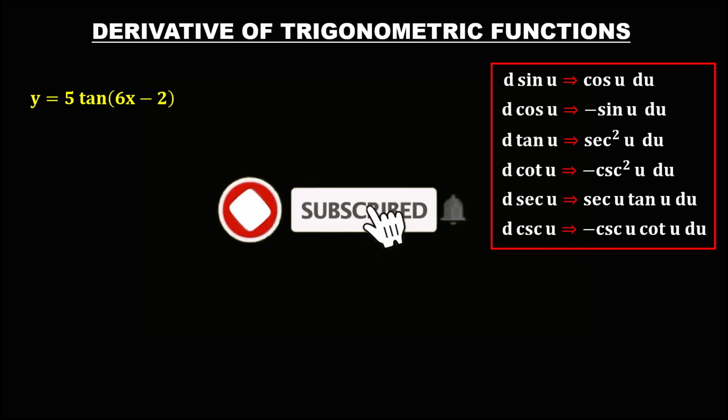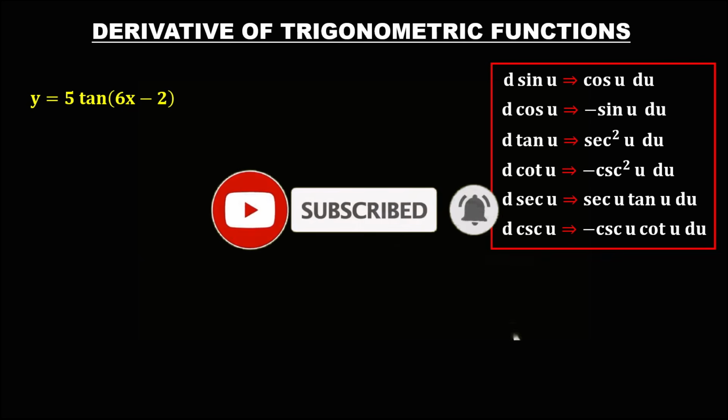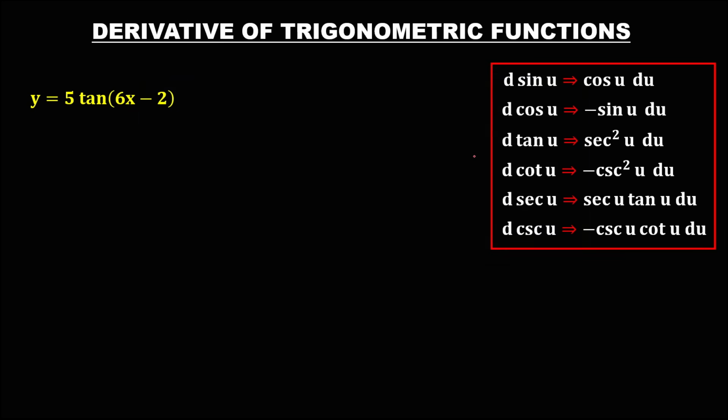So for this problem, to find the derivative of the trigonometric functions, these are the different derivatives for the 6 trigonometric functions. Then for this given, to find the derivative, we have y prime equals.